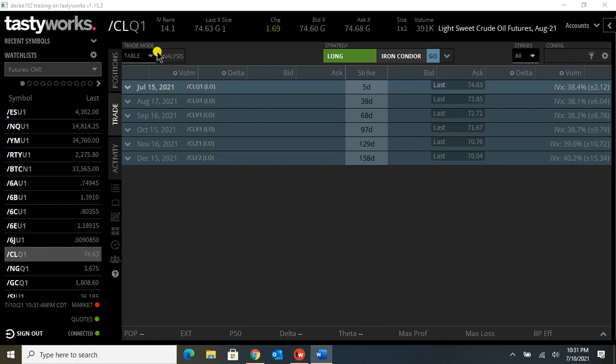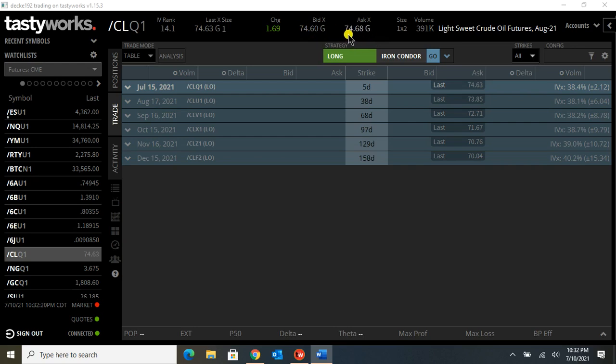So one crude oil contract is right now at $74.63, and this price is a price per barrel, and one futures contract controls 1,000 barrels of crude oil. So someone might look at this not knowing much about futures and think, oh, this is a $75 stock, so I can trade it, but it's actually 1,000 barrels.